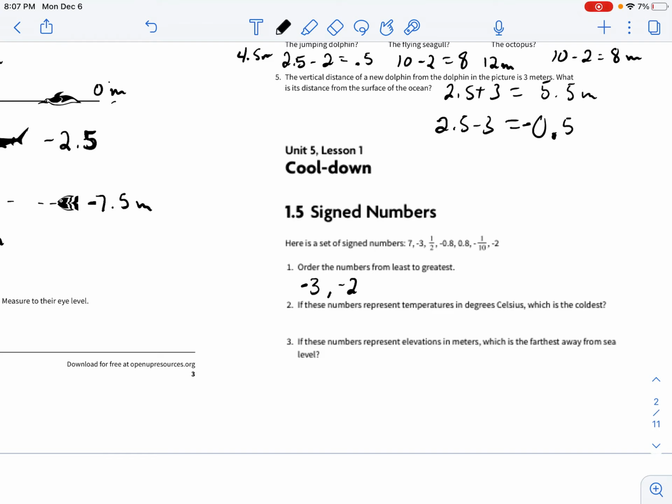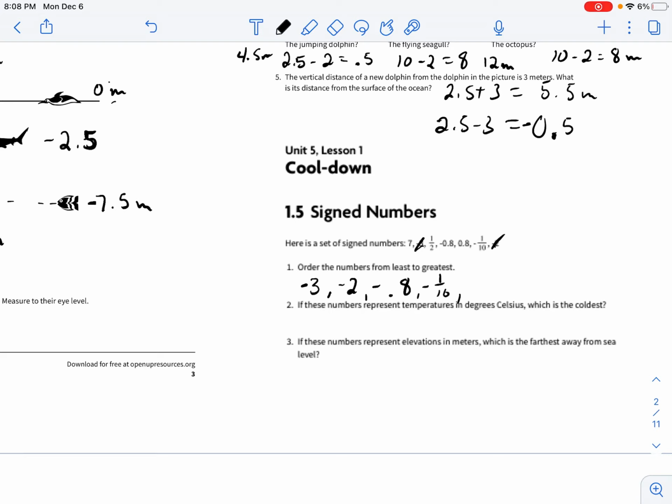Then the next one would be negative 0.8. Okay, I've got negative 3, negative 2, negative 0.8, and then negative 1/10.